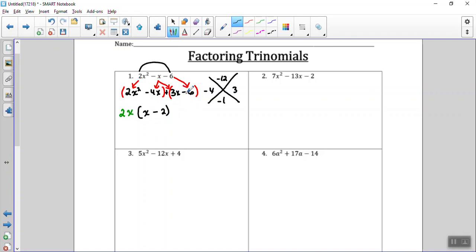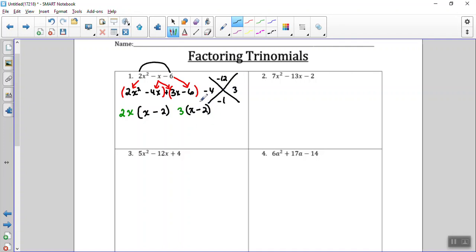I'm going to look at this separately and then try to figure out what I can take out of 3x and negative 6. It looks like 3 goes into 3 and 6 goes into 3, so my factor here that I can take out is 3. And since the 6 doesn't have an x, I can't take out an x. So I have here x minus 6 divided by 3 is 2.